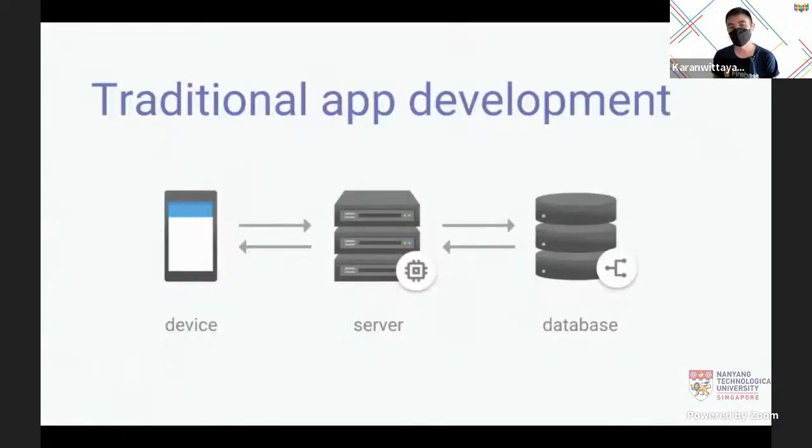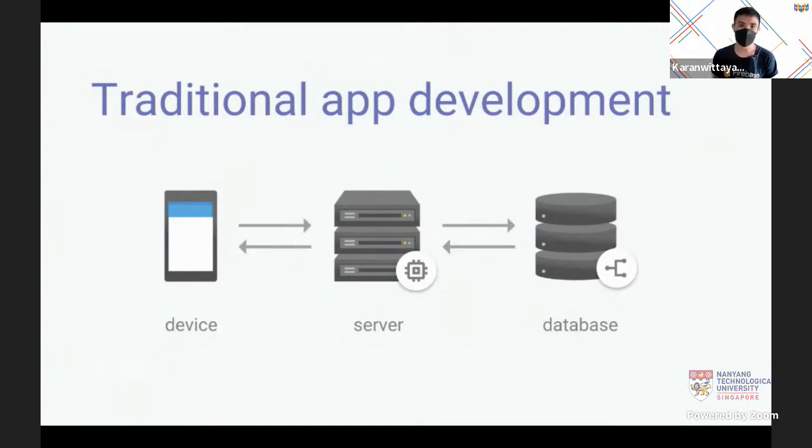Let's get started. At first, when you get a new requirement or a new project and you have to develop some application, for example a shopping app, you may need to think about the server side that you have to prepare. For example, you have to think about the database, the OS, the SSL security, and you have to design the database architecture to provide the client side like web, iOS, and Android.